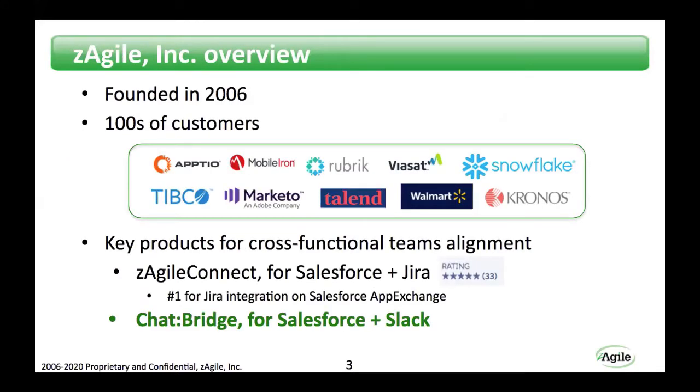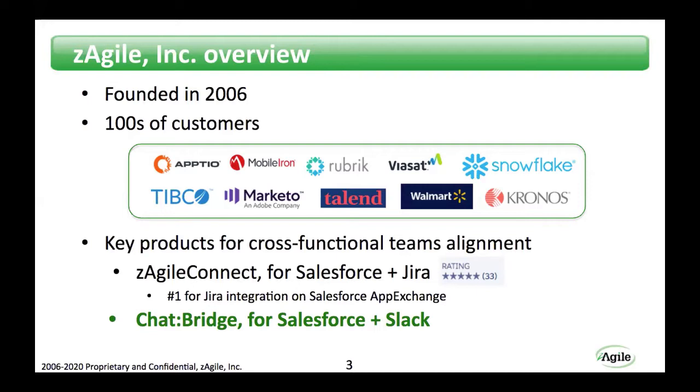First, about Zagil and the corporate overview. The company has been around since 2006. We have hundreds of customers, a lot of big names, and as you can see right away, a lot of integration customers, in fact, even though Zagil is focusing on integration. Zagil is focusing on integration of products for a very specific reason. That's for cross-functional team alignment and a very deep integration with respect to workflows and processes and data.